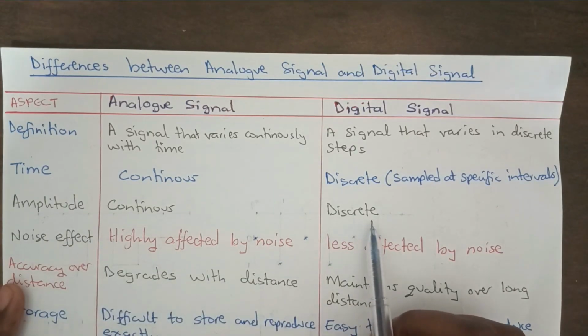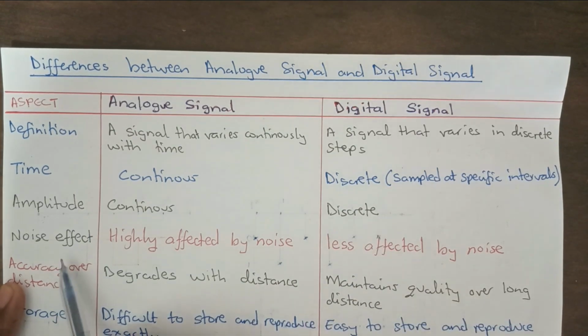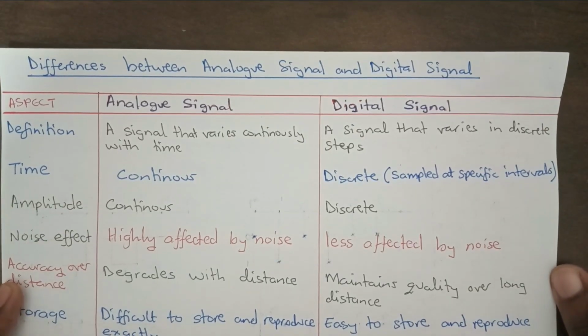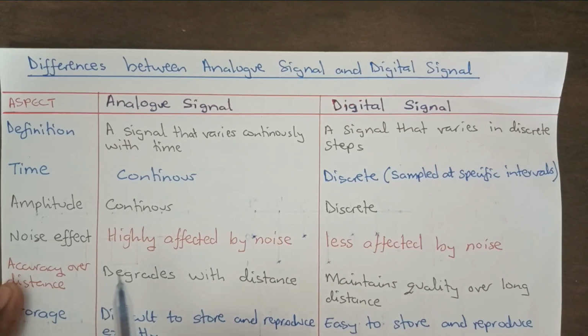Amplitude is discrete. And we know that an analog signal is highly affected by noise. But a digital signal is less affected by noise. Why is it like this? Because in analog signal, since we have a continuous signal, any slight change which is caused by noise can affect our signal.